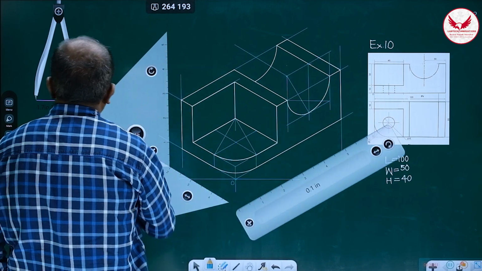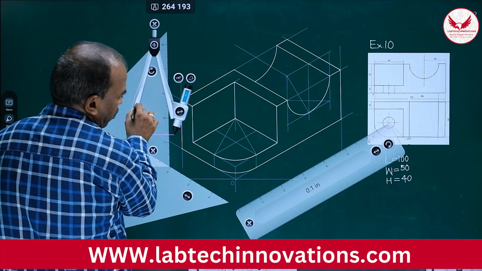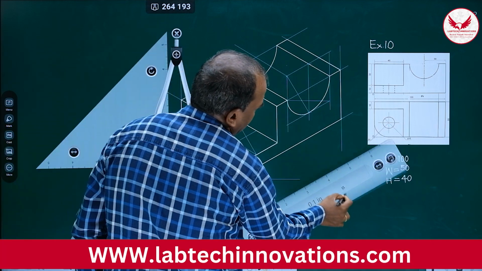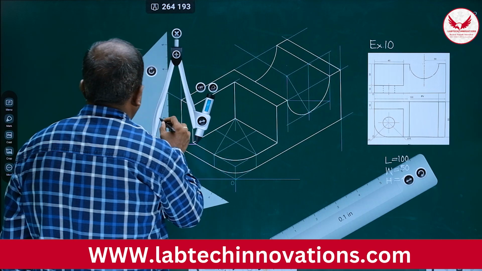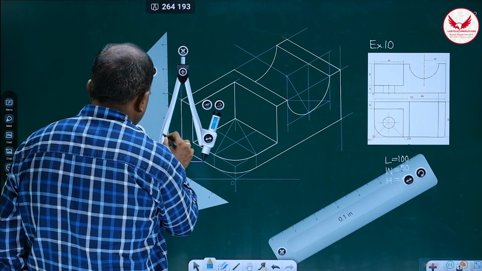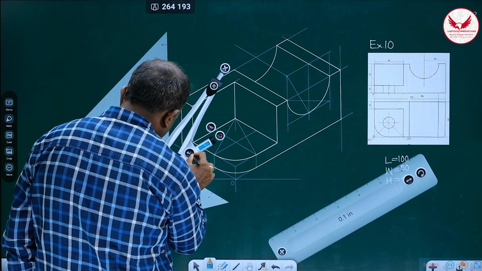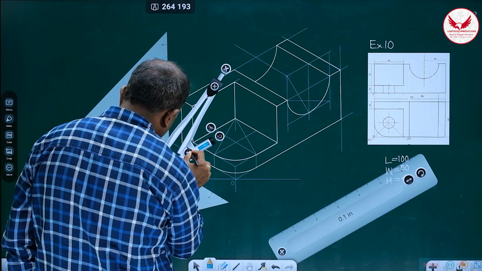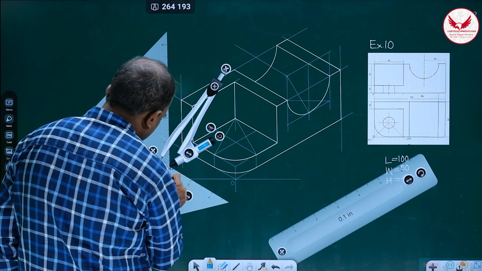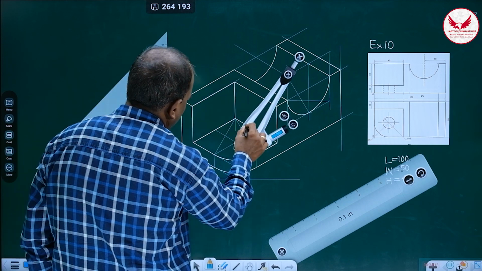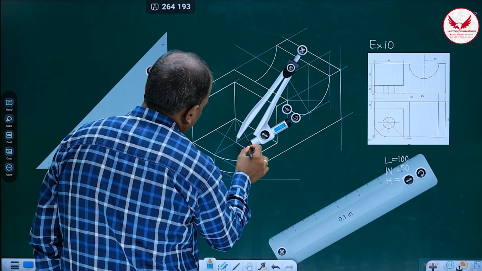And from this center, in the compass, how much do you have to take? What is the diameter? 16. Means its radius is 8 only. It is less than 10.